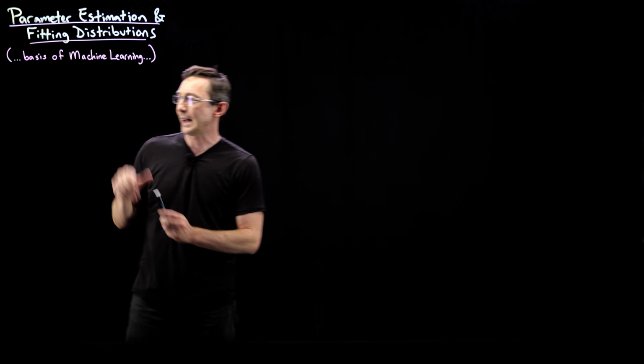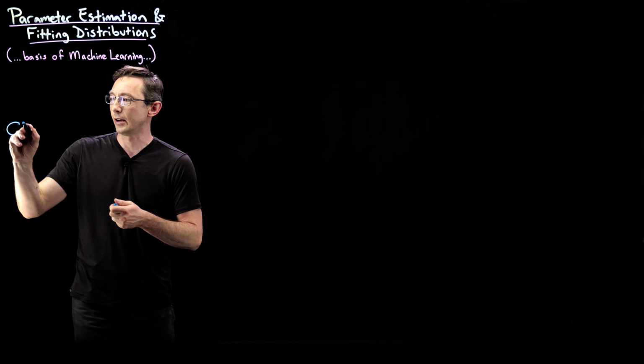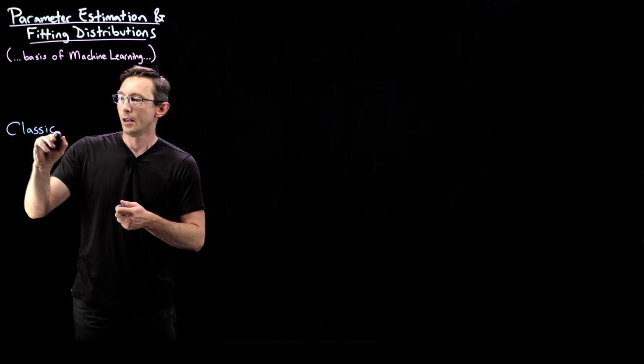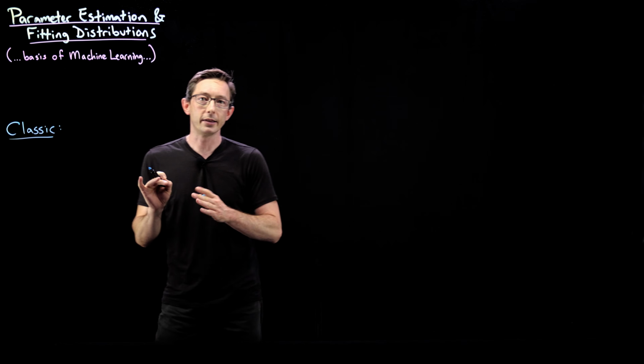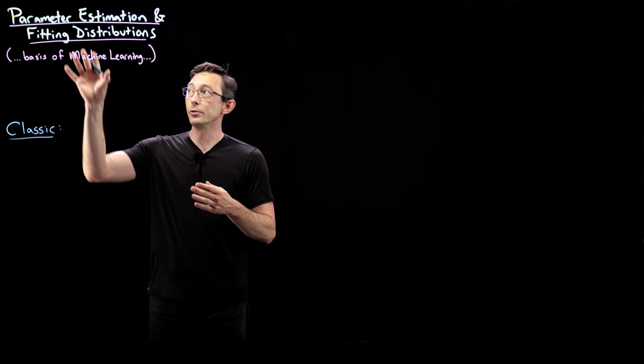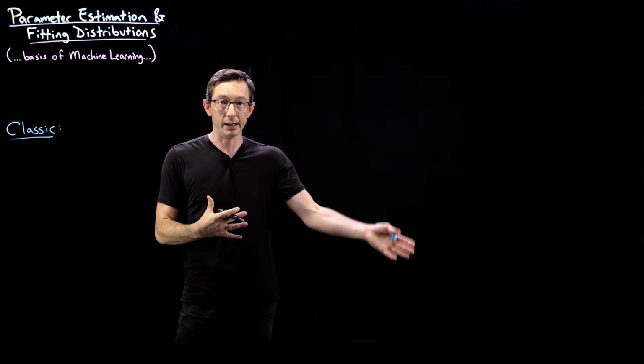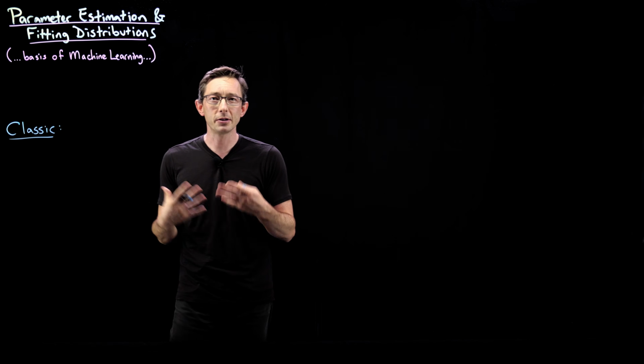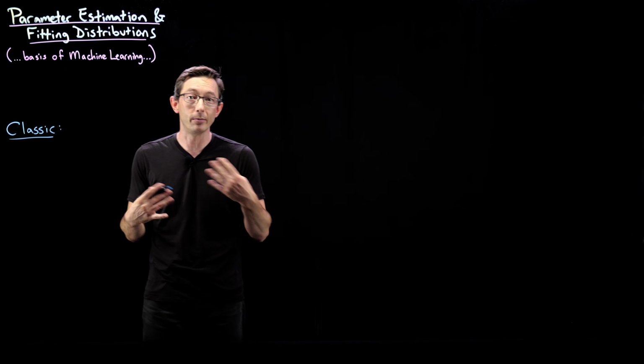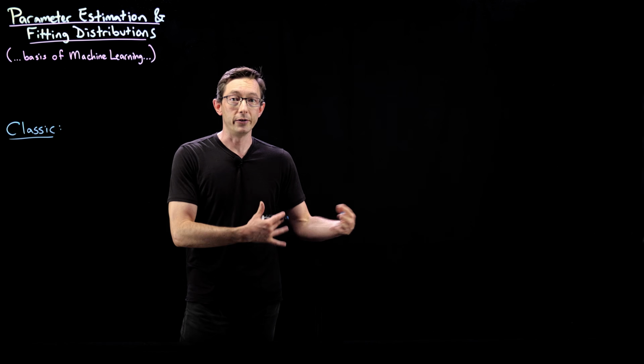So the classic approach is you start with a model of what you think your data is probably described by. You use first principles arguments and probability to build a model of your system.